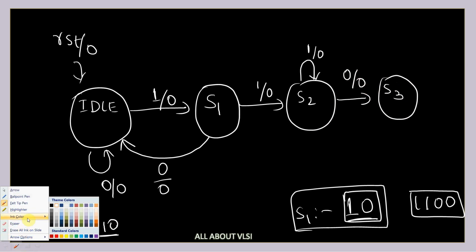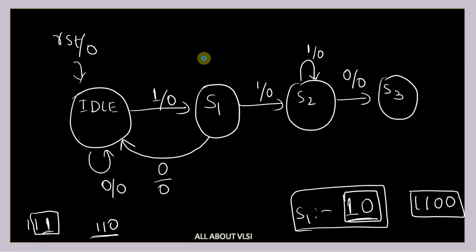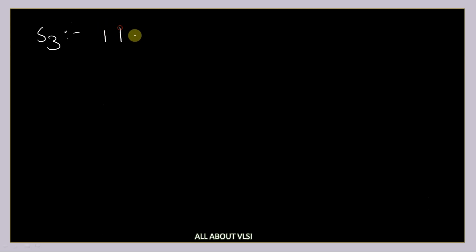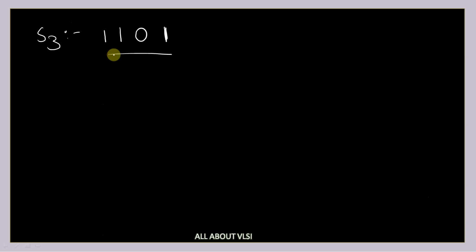Let me erase this. Let me draw it here. Now, if I am in S3 state and I have the sequence double one zero, and instead of zero, I am getting one. Then is my sequence getting formed? Double one zero one. Is it matching with double one double zero? No, it is not matching. Obviously it is not matching. So your output should be equal to zero itself.